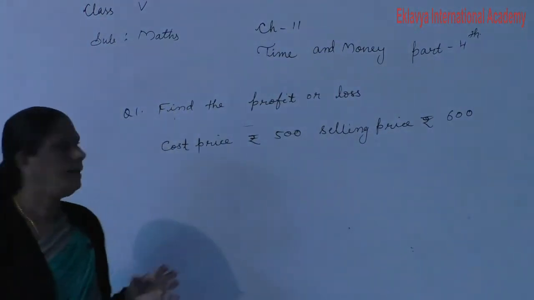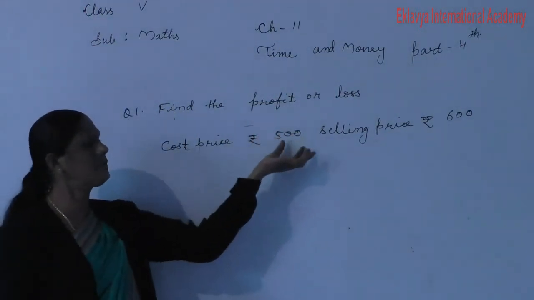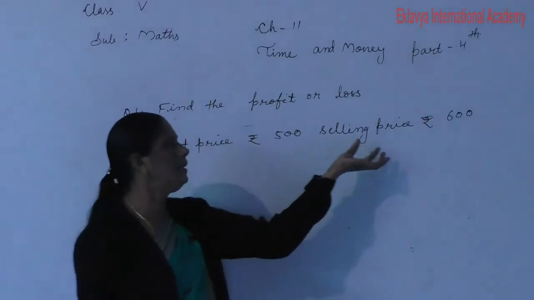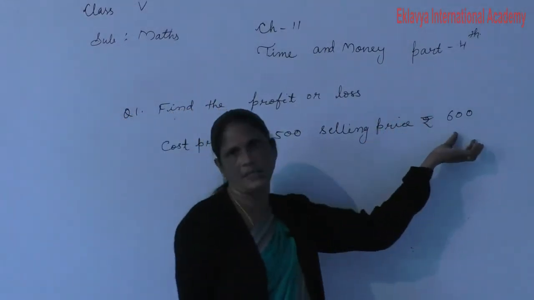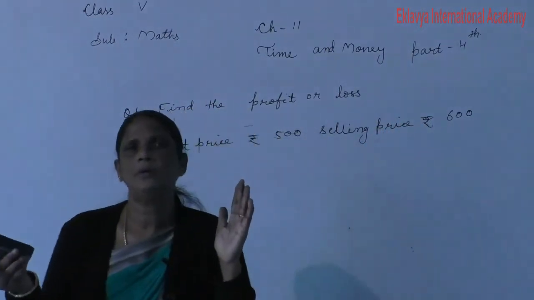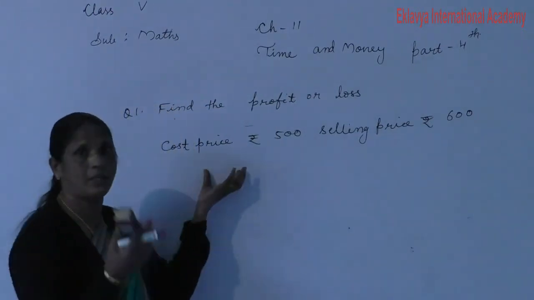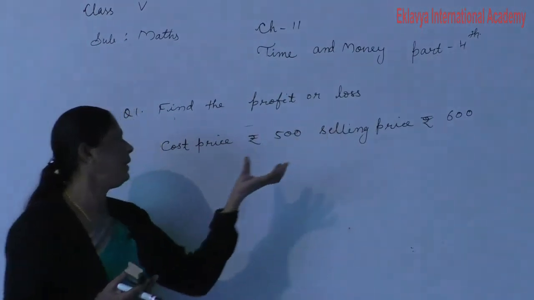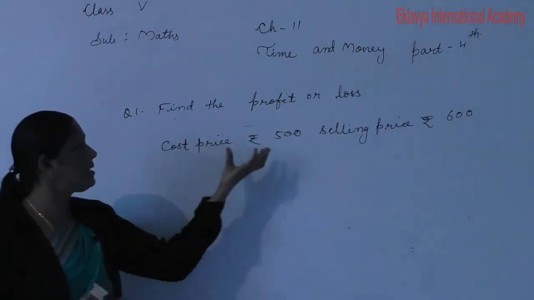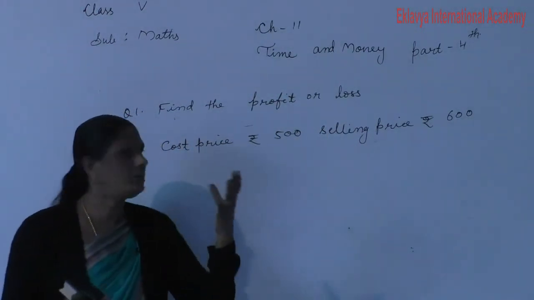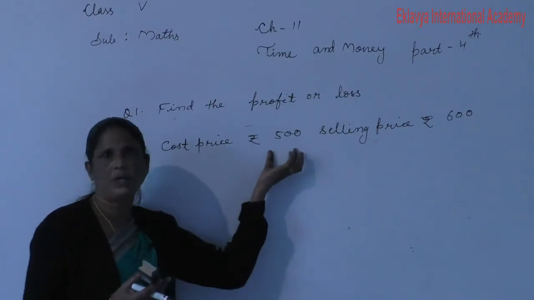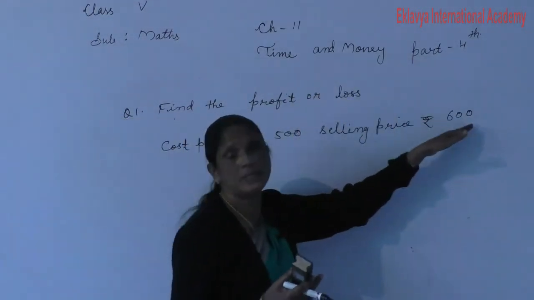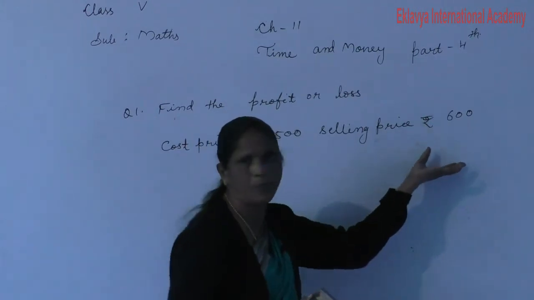Look, here cost price is 500, here selling price is 600. Which is more? Cost price means the buying price, selling price means the selling price. We purchase an article or thing for 500 rupees, and we sold it for 600 rupees, that is the selling price.